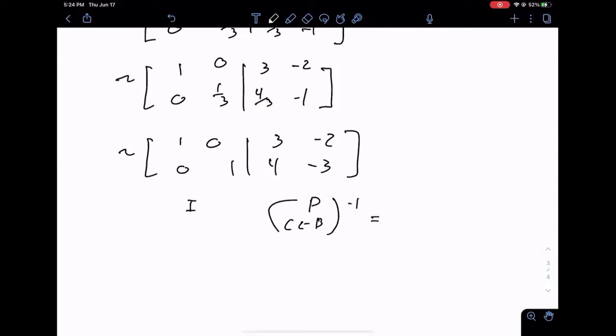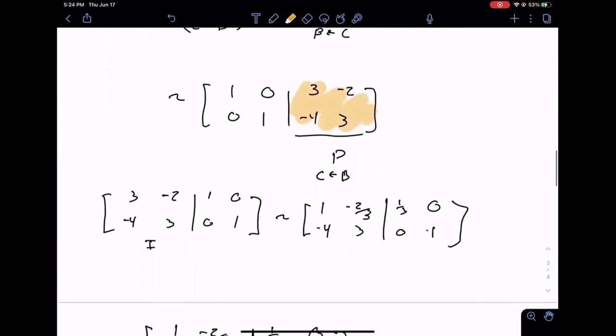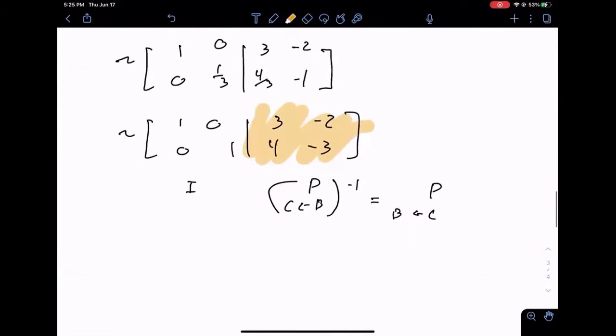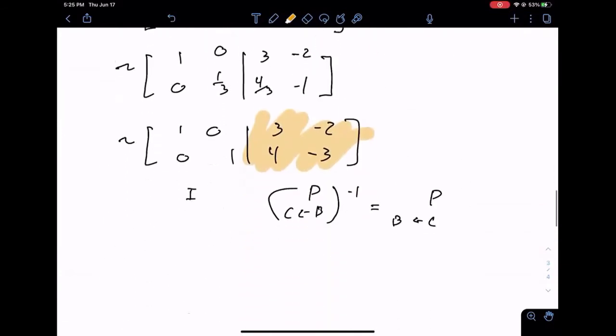In other words, it should be this matrix. So we have 3, -2, -4, 3, and then the other one would be 3, -2, 4, -3. So very similar, just a movement of the negative sign in this case.